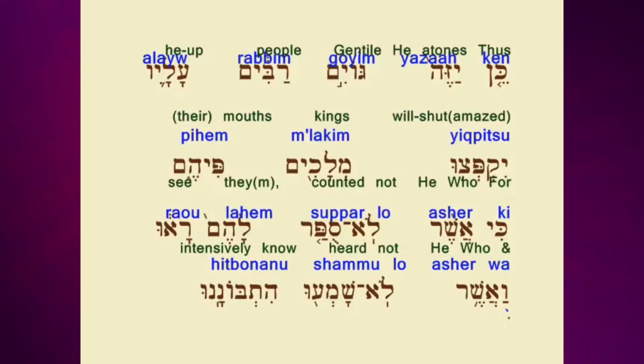Alright? And then hitbunanu is also being paired with supar, because an accounting and an intensive understanding go together. And so you've got an accounting, supar, Rao. Of course, Rao would be the result of the accounting, and then hitbunanu would be the result of Rao. So, I don't know, maybe it's stretching it, but he's sort of doing a sort of Trinity play there.